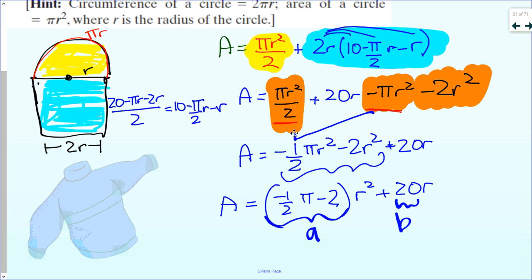All right, raise your hand if you want me to make it a decimal. Okay, so go ahead and calculate negative 1/2 pi plus minus 2. Remember, you'll have a scientific calculator for this.